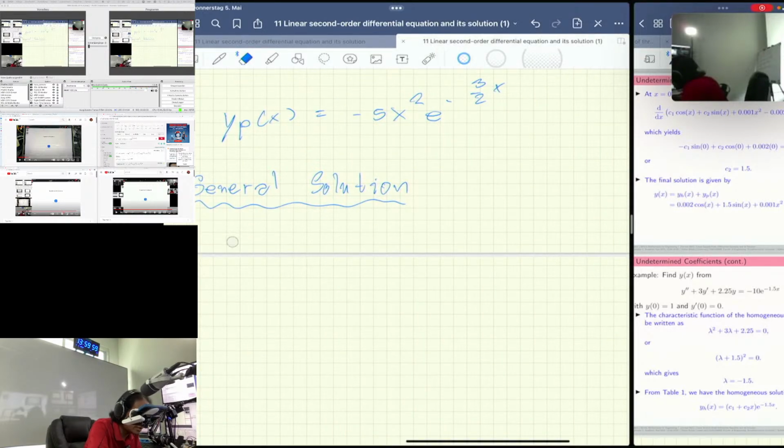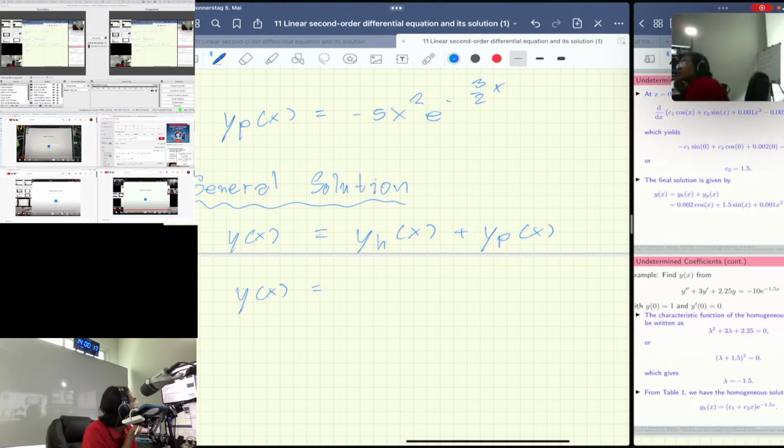The general solution y(x) will be y_h(x) plus y_p(x). y_h(x) is c1 exponential negative 3/2 x plus c2 x exponential negative 3/2 x, and here we have, it's not plus, it's negative 5, and that should also be x squared, right? x squared and exponential negative 3/2 x.